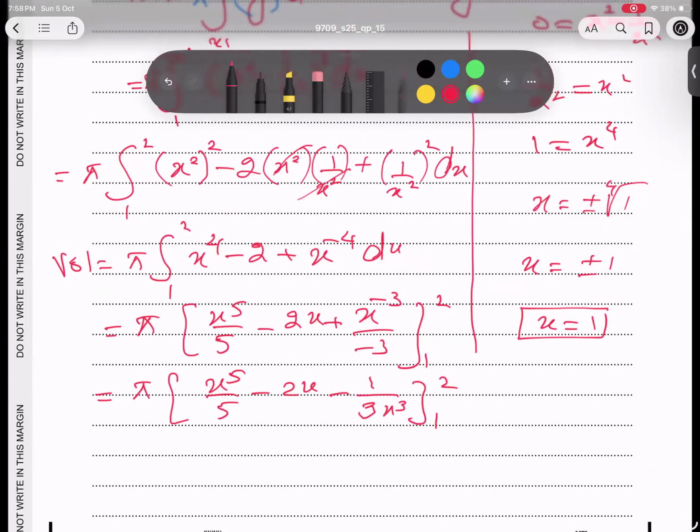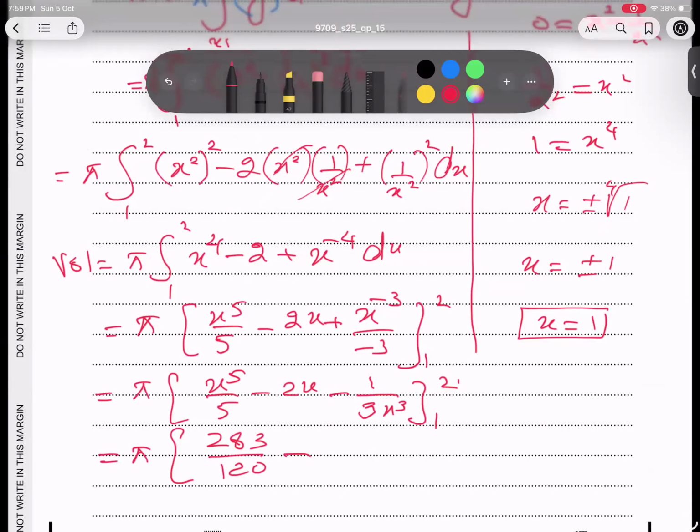This is called simplification. So when I plug in the upper limit, 2, what do I get? Let me check. 2 to power 5 is 32 by 5, and minus 4, and then minus 1 divided by 3 into 8. And I get the first part, what, students? 283 by 120.